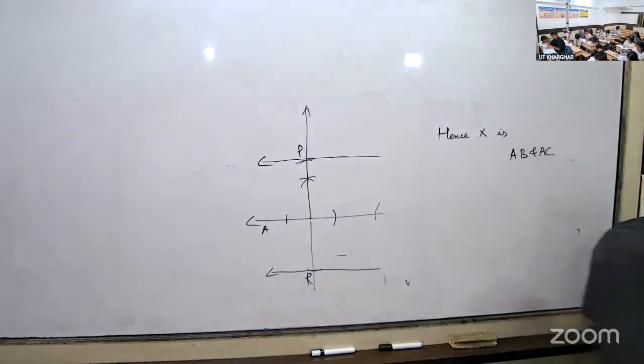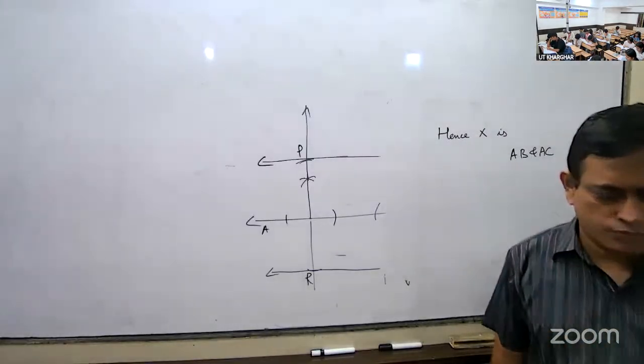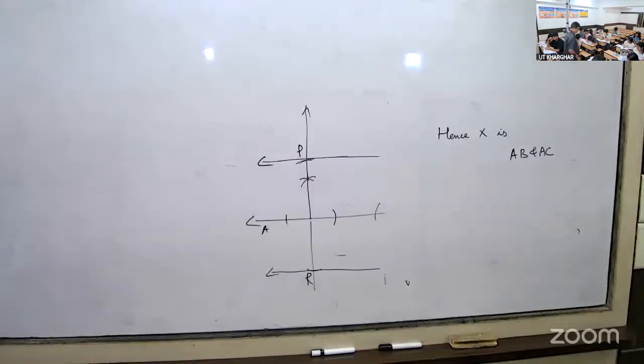Reason: locus of a point equidistant from two intersecting lines is the bisector of the angle between them. So the first part is done.